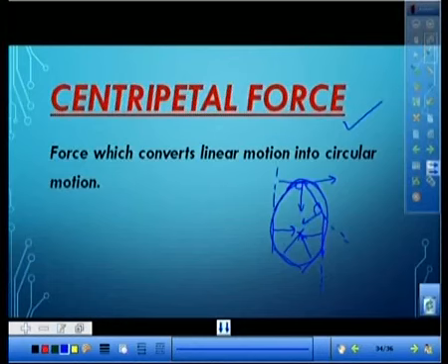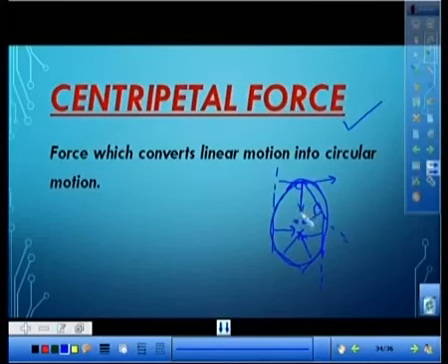It means there is an inward force toward the center of the circle which pulls the body to make a circular motion instead of a linear motion. That inward force which is responsible for the circular motion is called the centripetal force.